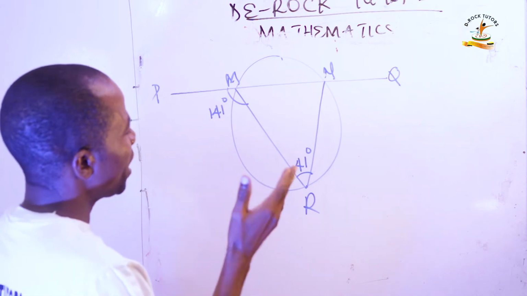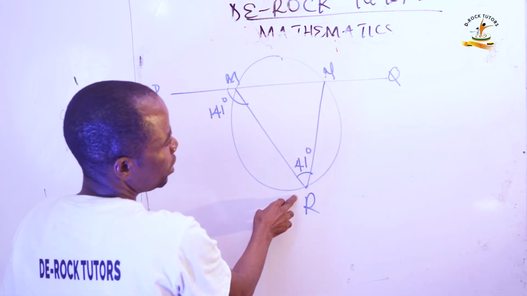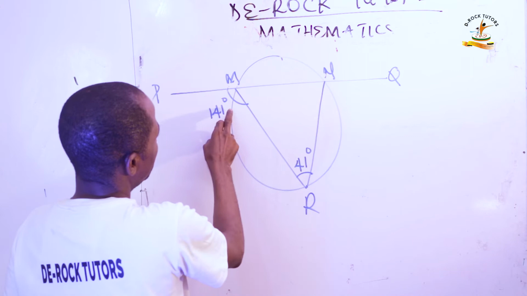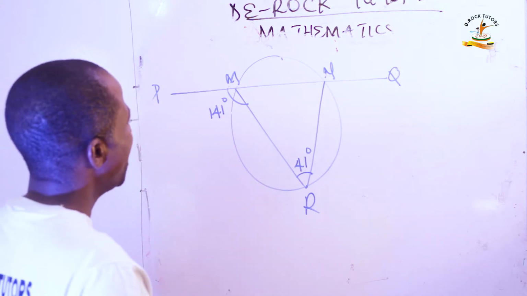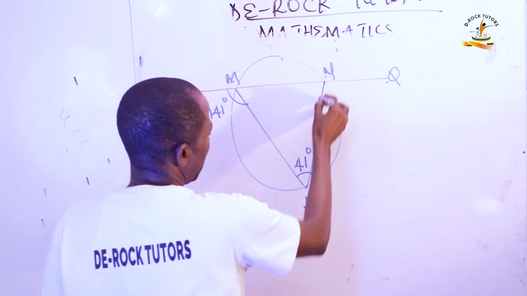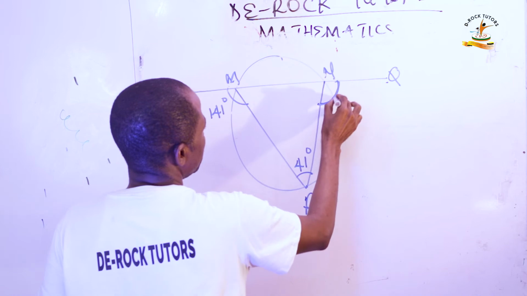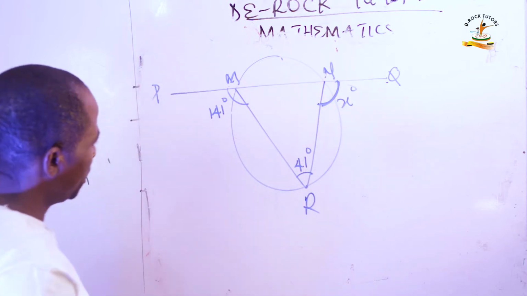If angle MRN is 41 degrees and angle PMR is 141 degrees, we have to find angle QNR. This is the angle that we are asked to calculate, the exterior angle here. You can say this is X degrees.